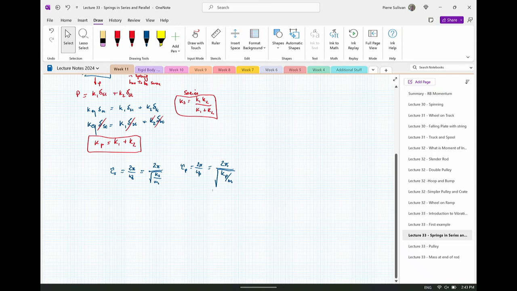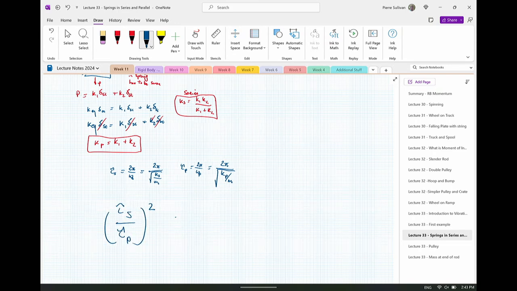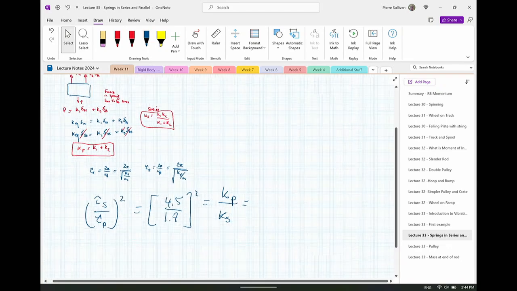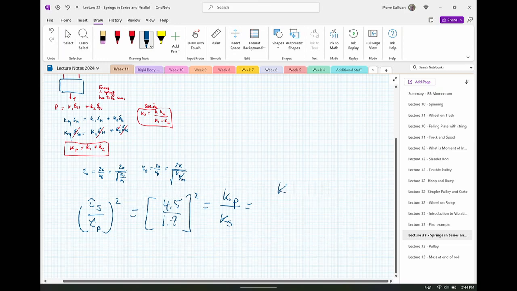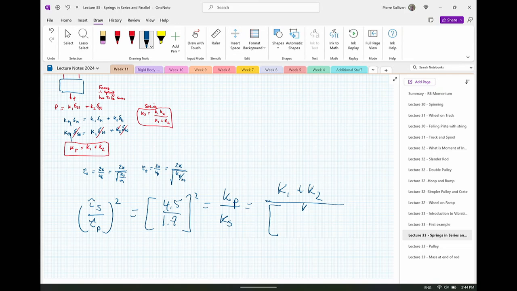So if I do that, and I just put everything together, I have tau s over tau p, and I square them, it's equal to 4.5 over 1.7, which equals kp over ks, which equals (K1 plus K2) over K1, K2 over (K1 plus K2).